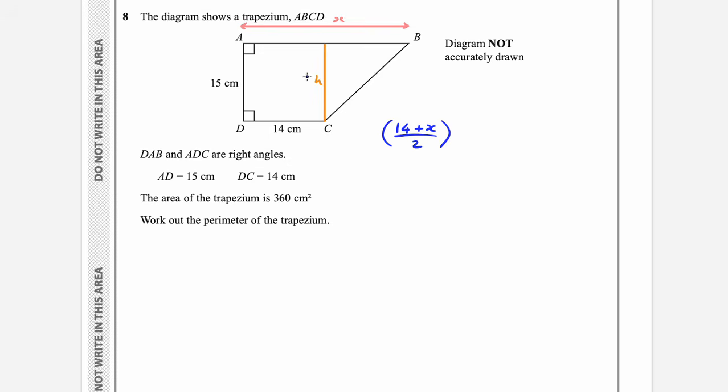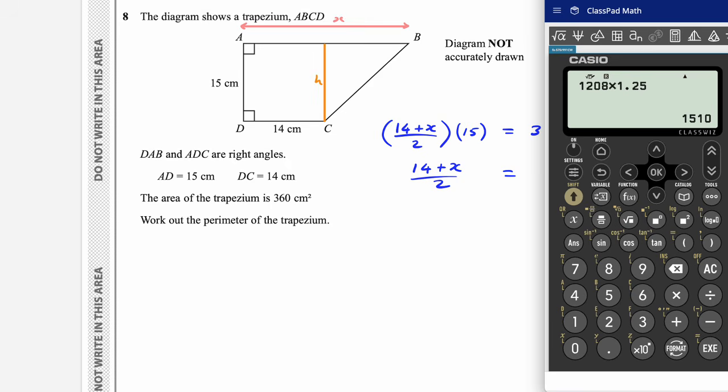And our h is 15, because that h is the same as obviously this 15 here. So this times 15, put in a bracket, equals the area, which is 360.